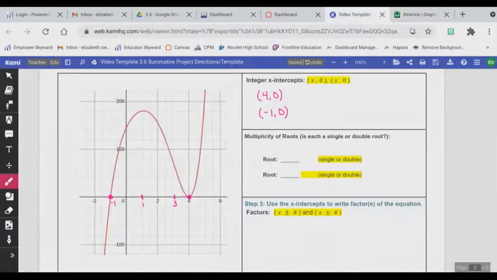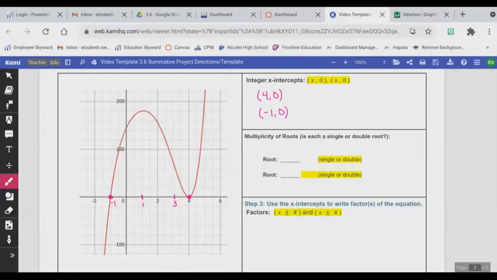All right. From here, we're going to talk about its multiplicity. Remember, we talked about this in class last time. If it goes through the point where it crosses the x-axis, it's a single root, or it has a multiplicity of 1. And if it has a bounce at that point, it's going to have a multiplicity of 2 or be a double root.